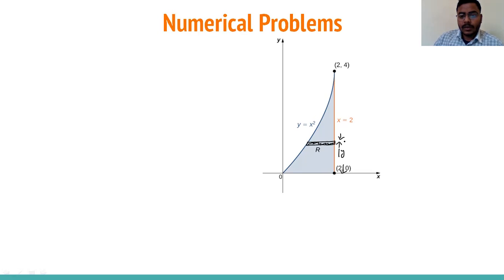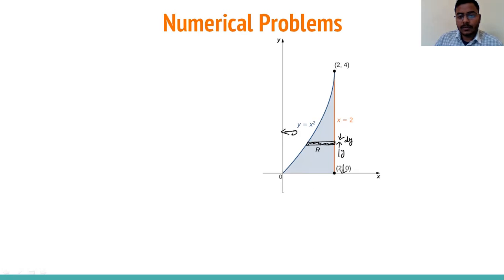So the thickness of this segment will be dy, a very small length in the y direction. Then what will be the length? So what will be the length of this one? We have the total length from here to here.